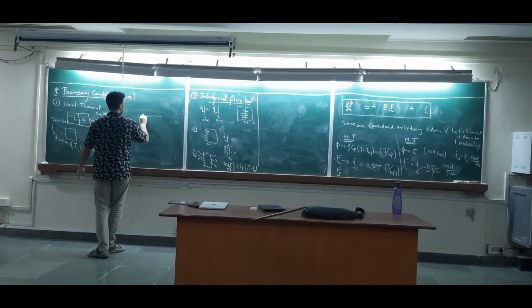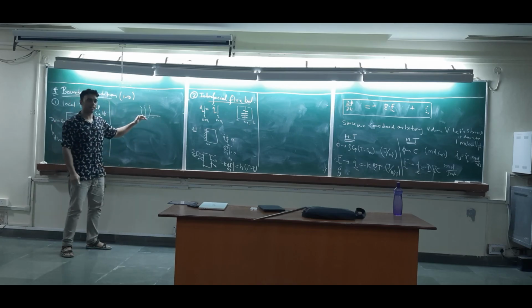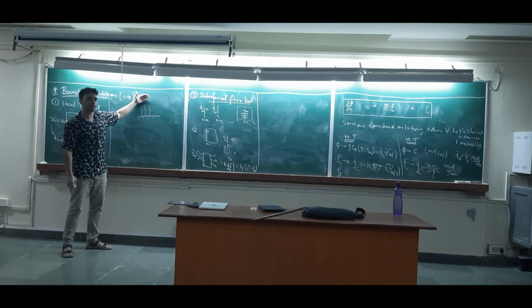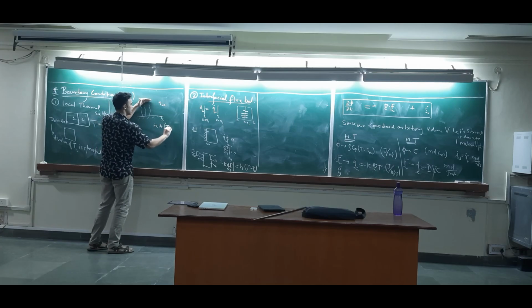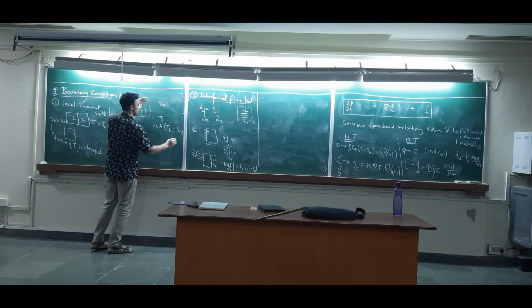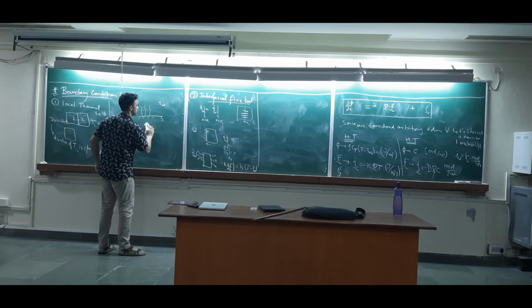Because when we study Newton's law of cooling even in 12th, we say this plate is cooling, so we write HA delta T. So it's the lower coordinate minus the higher coordinate. So this would be HA (T lower coordinate minus T higher) in the x direction.